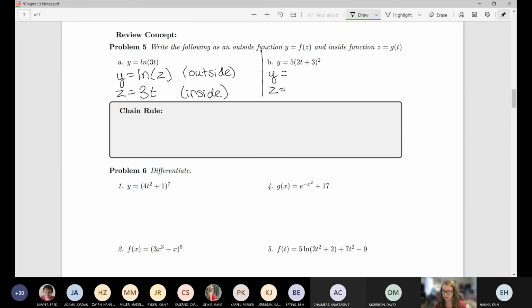Then you'd add 3. Then you would square that result, and then you'd multiply that result by 5. So the last thing you did was multiply by 5, but you multiplied that squared value by 5. Our outside function, because it needs to have a variable in it, so it can't just be 5, is going to be 5z squared, and our inside function is going to be 2t plus 3. So this would be our outside and our inside.